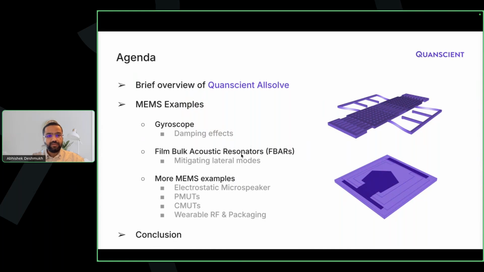Then the second example, FBARs, so-called film bulk acoustic resonators, and their important effects which should be considered in the simulations. Then some more examples which we have already shown in previous webinars, just to highlight what more we can do with Quanscient, and then we conclude today's webinar.